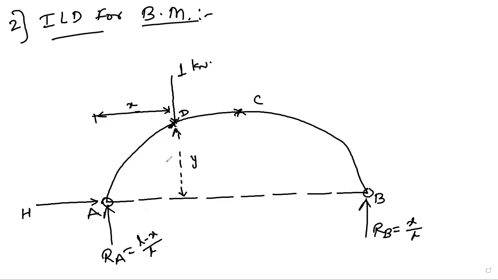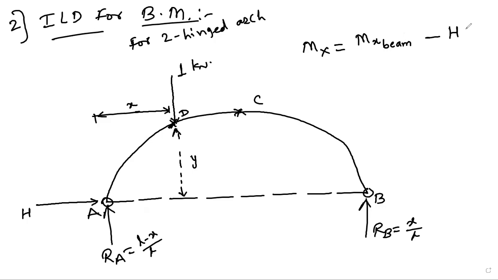Right? So now for a two hinge arch, take the moment about section x, that is total Mx of beam, means whatever the RA is there, minus H into y.